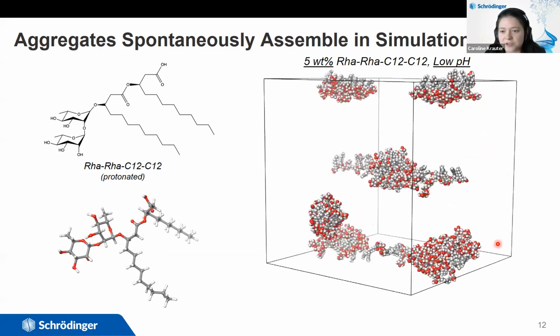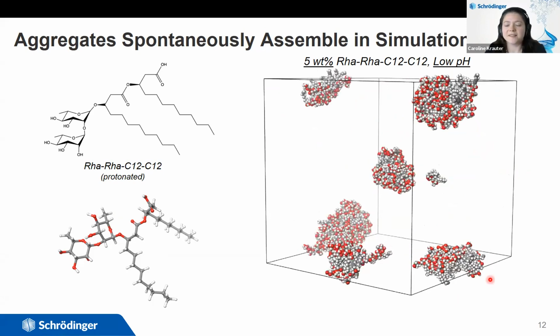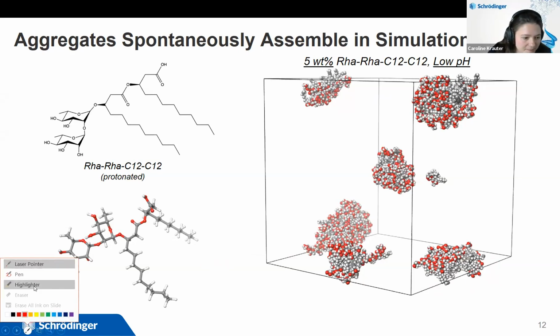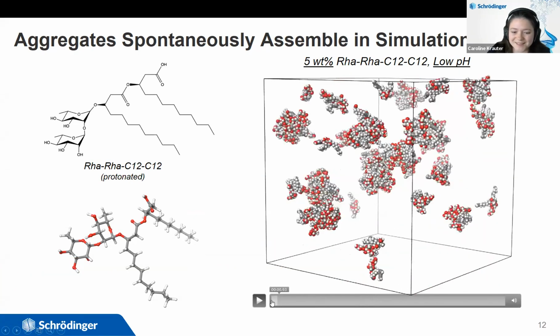The trajectory that I'm showing here, I hope the video is coming through, shows those 100 nanoseconds of production run for the molecular dynamics. So I think I need to switch the laser pointer off to go to different stages here.